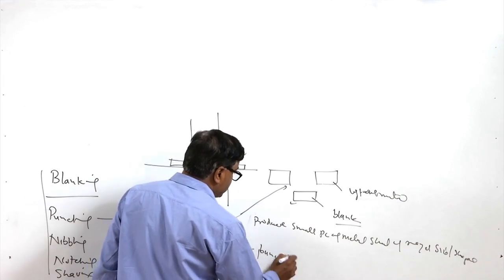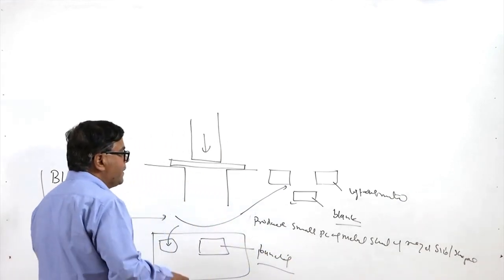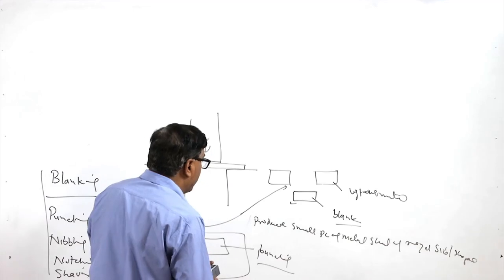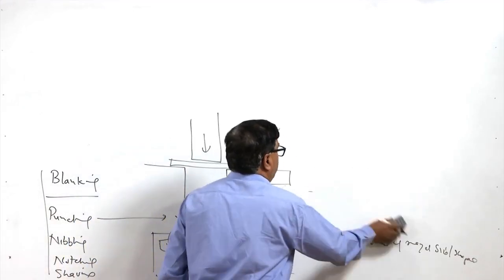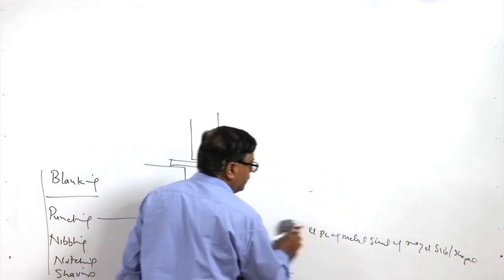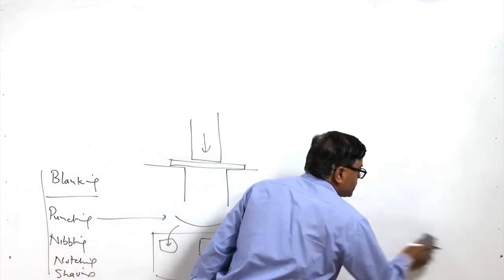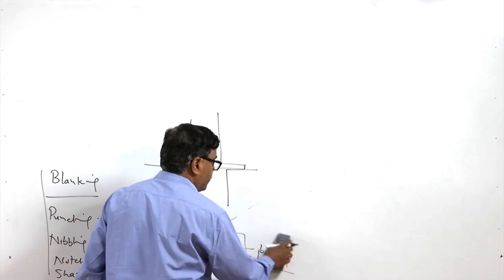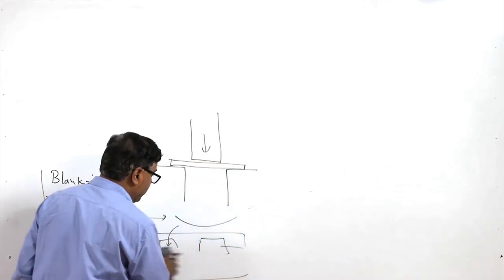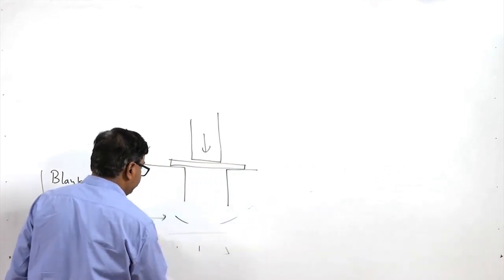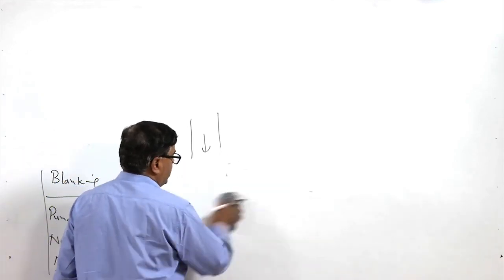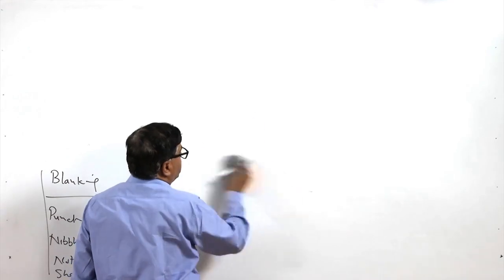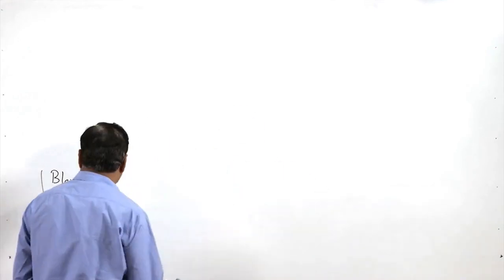So the only difference between punching and blanking is in terms of the output. In punching, the goal is to make the hole, while in blanking, the goal is to cut the small piece of the metal which can be processed further for making some usable goods. So this is the difference between punching and blanking.